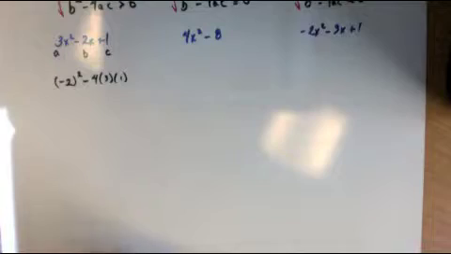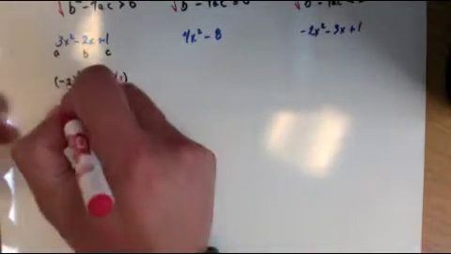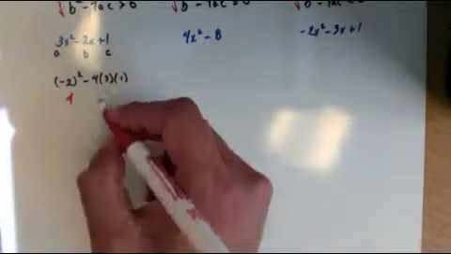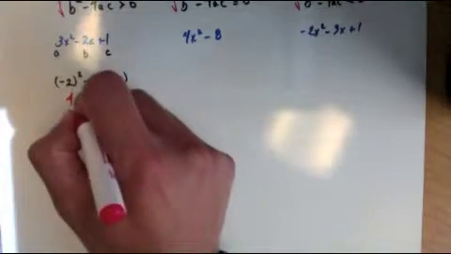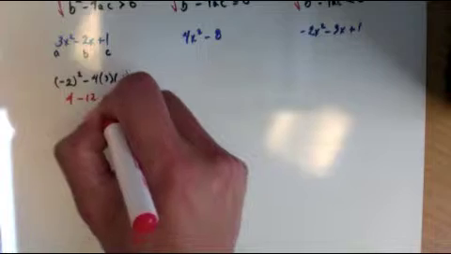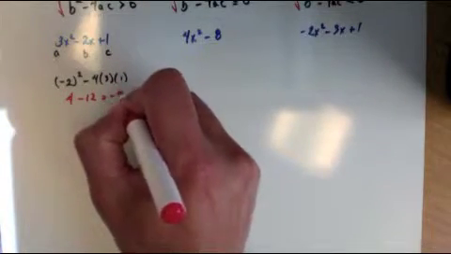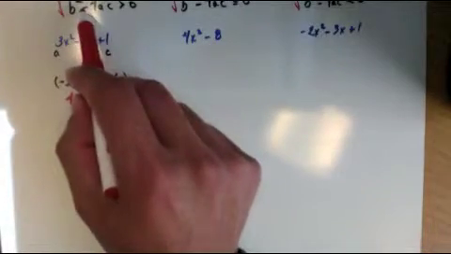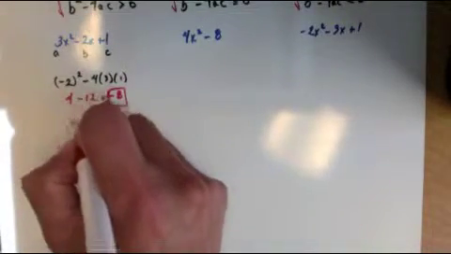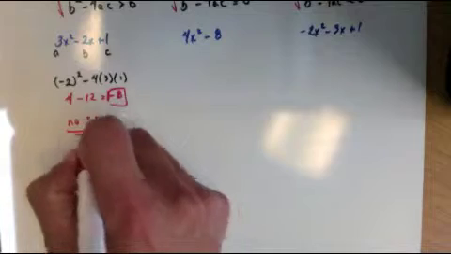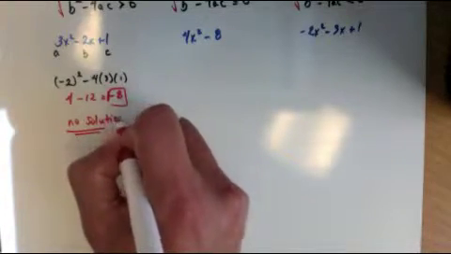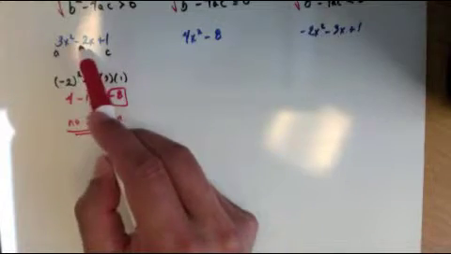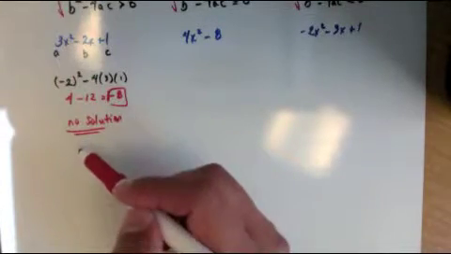Negative 2 squared is positive 4. 4 times 3 times 1 is 12. So 4 minus 12 equals negative 8. If I plug in negative 8 here, I cannot take the square root of a negative, so this is no solution. That means this particular quadratic does not touch the x-axis.